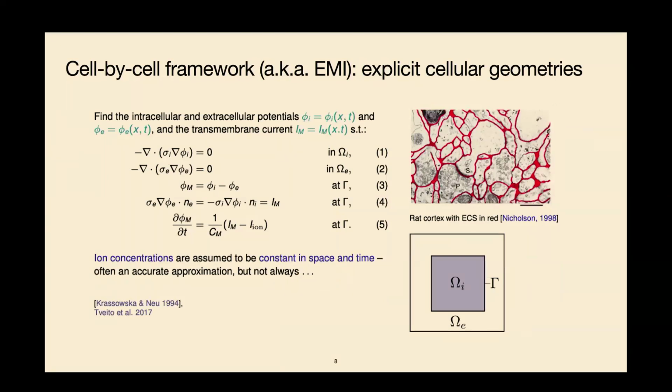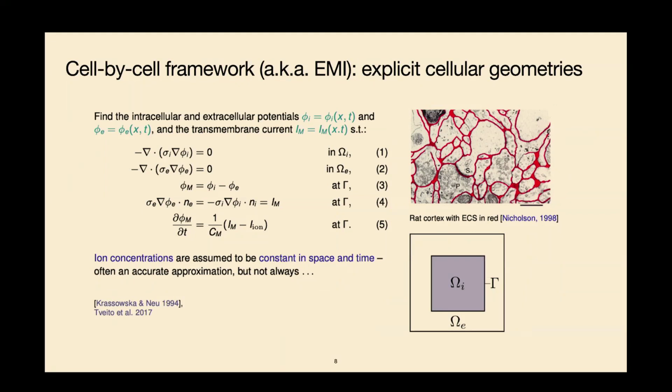So we are using this cell-by-cell framework, also known as EMI, extracellular membrane intracellular. Essentially, you subdivide your domain in intra and extracellular, and then you solve the Laplacian inside and outside, these two elliptic equations here. Then you define a jump, and you require the solution to be continuous in terms of the gradients along the interface.